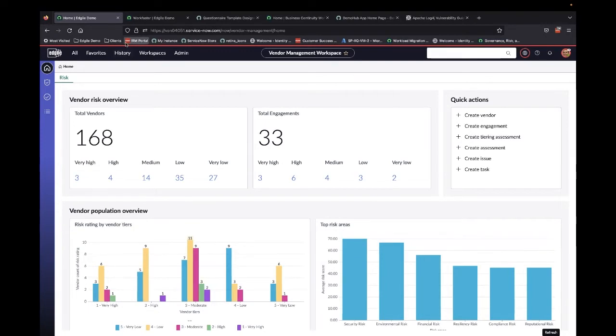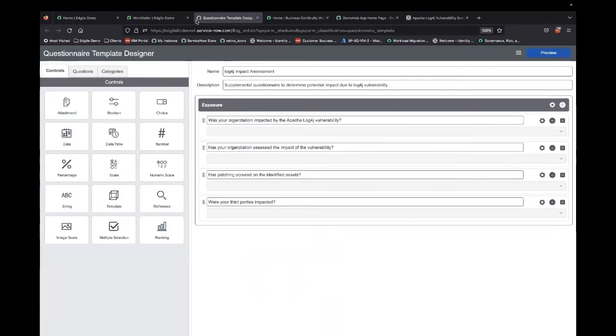And so if we're looking at a potential Log4j scenario, we can actually come up with an impact assessment that we want to send to the vendor. This is an example of a very light touch assessment to just help us start to understand if they were subject to that vulnerability. Did they perform an assessment?